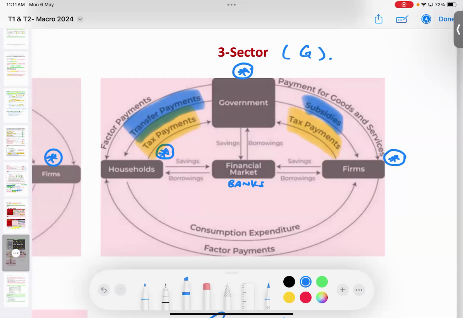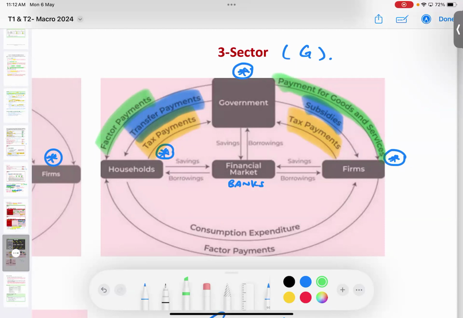At the same time, households can also work in the government sector. So if households offer themselves as workers in the government sector, or let's say households offer land to government, then government will also pay them in the form of factor payments. And government can buy goods and services from firms as well, payment for goods and services.